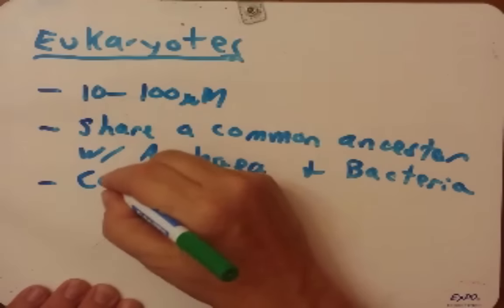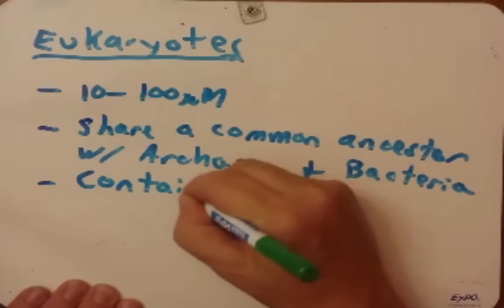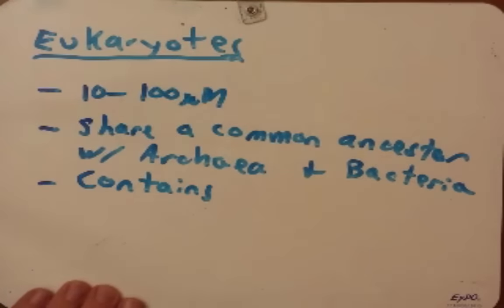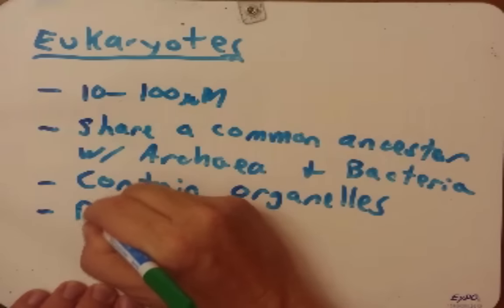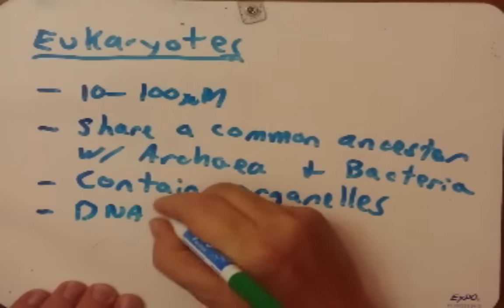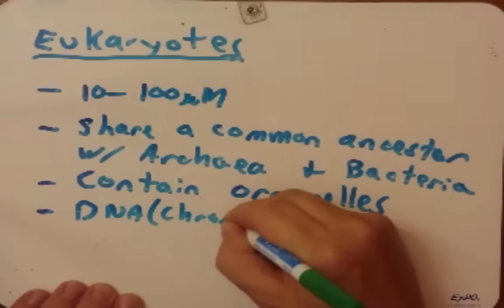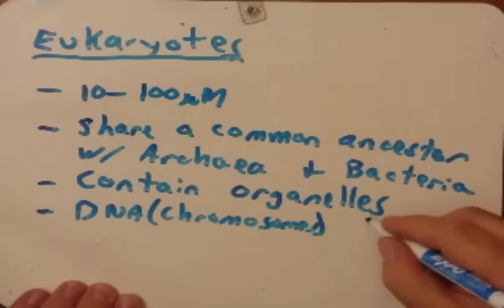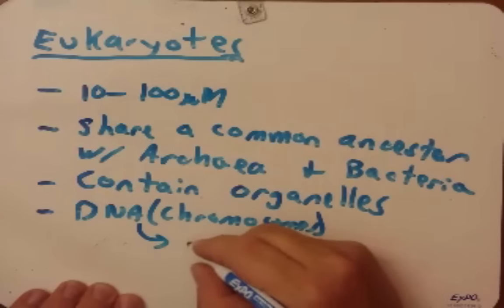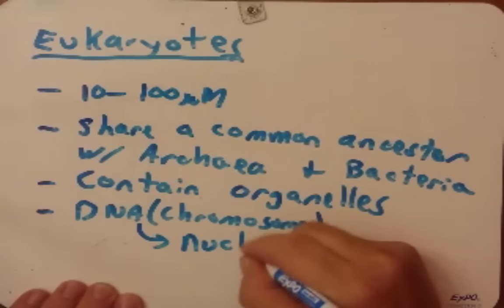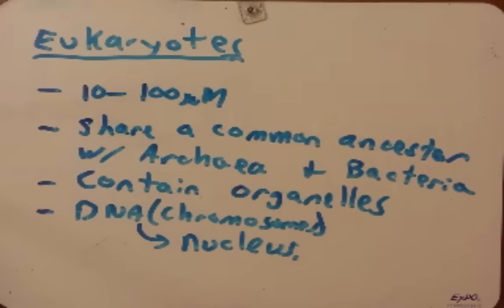They contain organelles, and these organelles each have a discrete function. Just like bacterium, they have DNA, chromosomes, but this time in eukaryotes, these are stored in a nucleus. Now for the rest of this podcast, we're going to focus on eukaryotes because we want to talk about specific organelles.